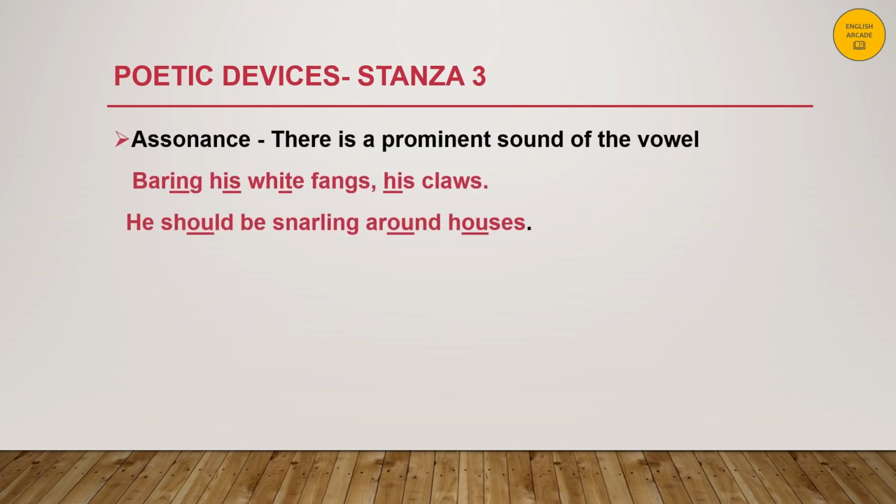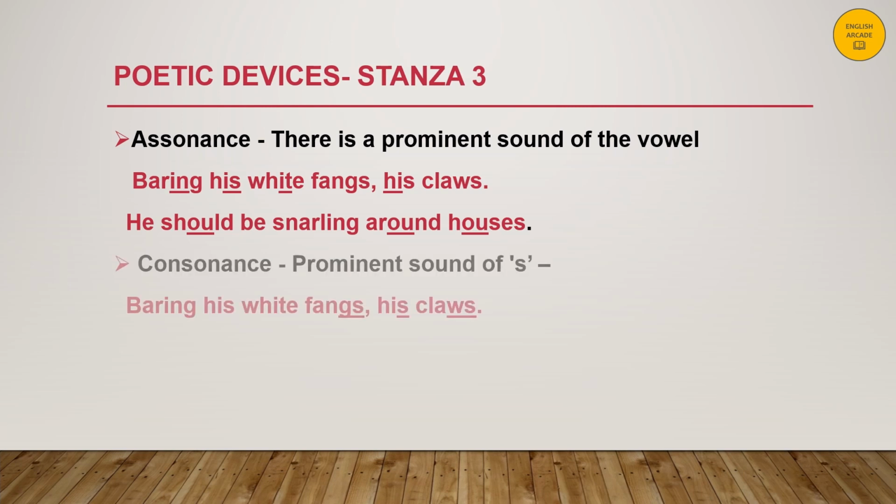Assonance is used with the prominent sound of the vowels. Baring his white fangs, his claws has vowel I, which seems to dominate, and vowel O in he should be snarling around houses. Consonance is used with the prominent sound S of baring his white fangs, his claws.